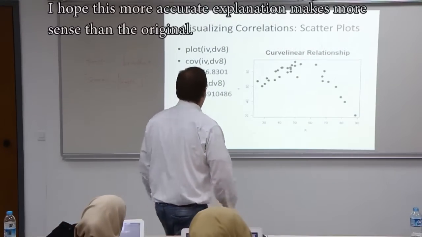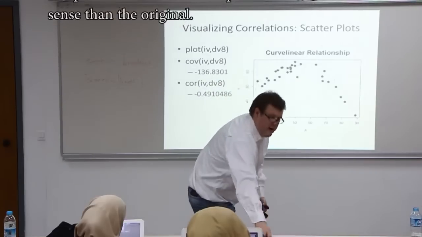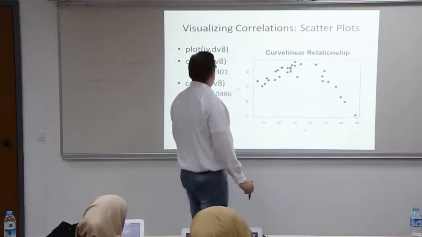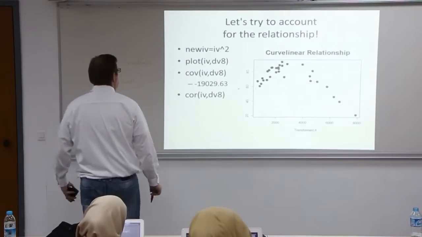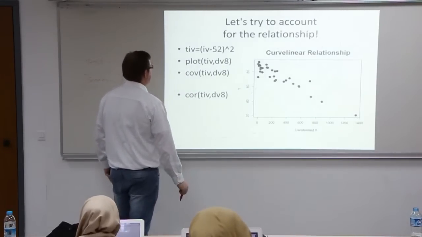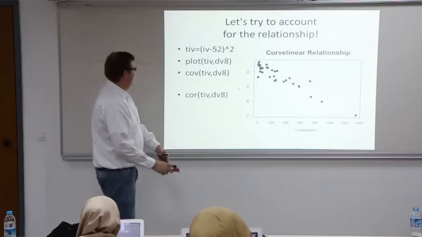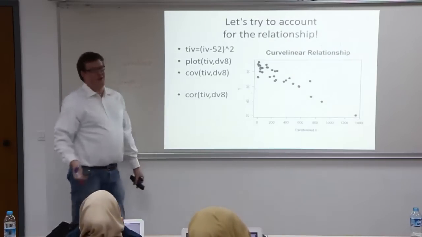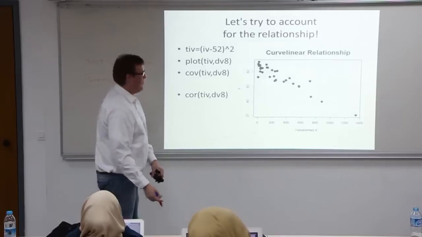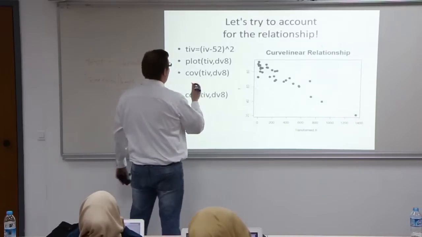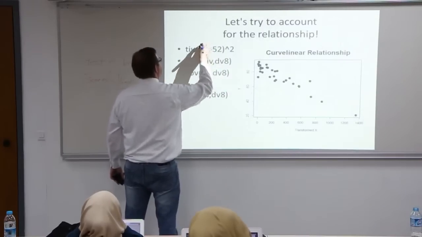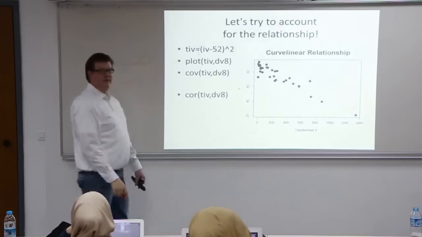So what if we made our transformed independent variable something like this, right? TIV stands for transformed independent variable. All right. What if we put parentheses around this and made that negative?